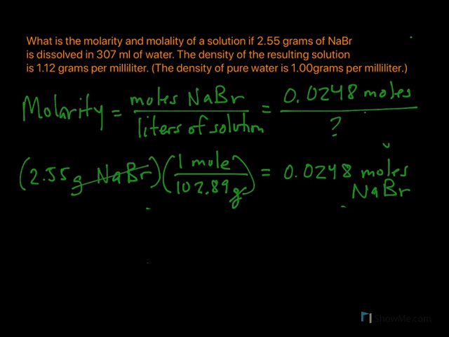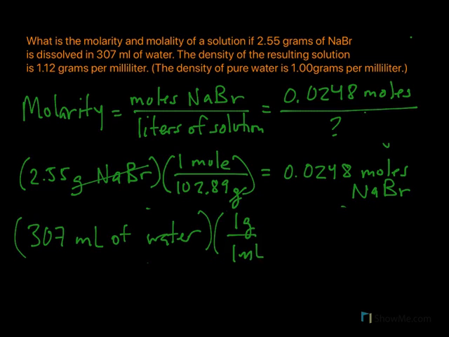So how do we find this out? Well, from the previous example, we know that 307 milliliters of water, because of the density of 1 gram per mil of water, this is equal to 370 grams of water. That is our solvent mass.